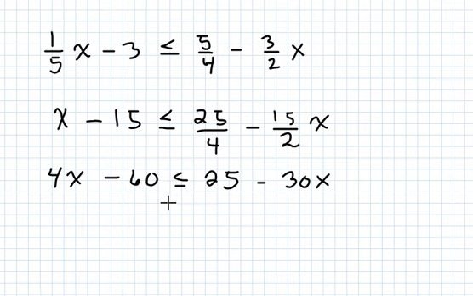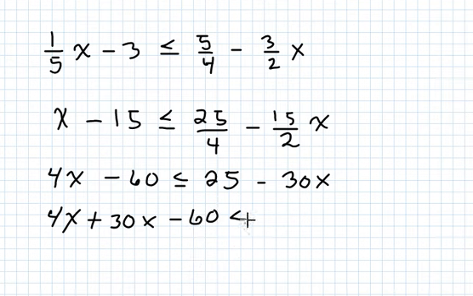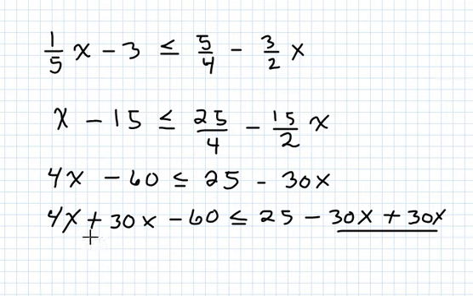Now I'm going to go ahead and take this 30x and bring it over here to this side of the inequality. And so we have 4x plus 30x minus 60 is less than or equal to 25 minus 30x plus 30x, and so as you can see here, those guys will cancel out.